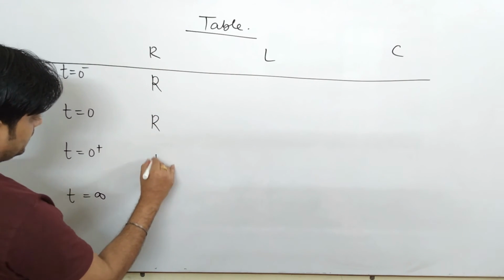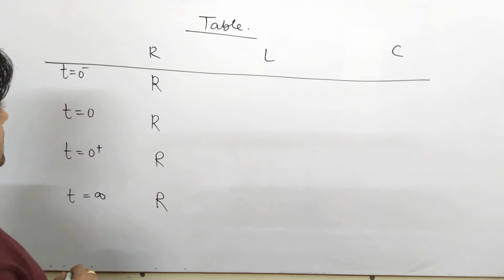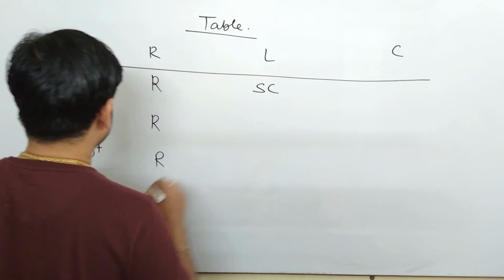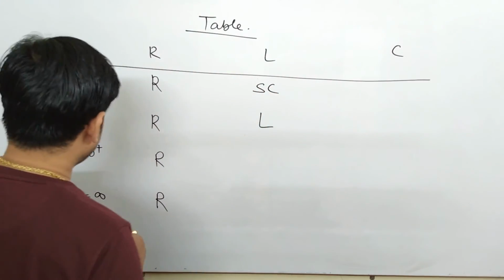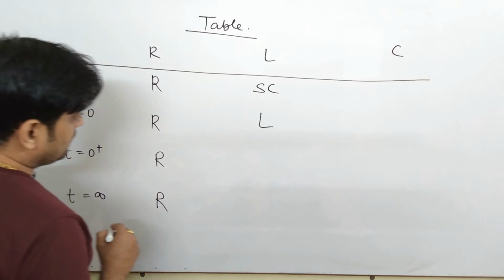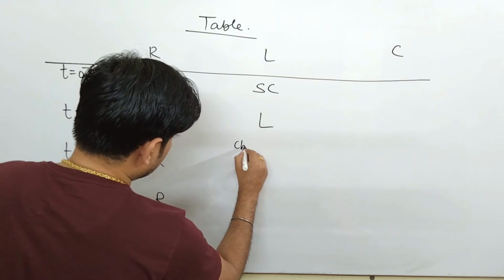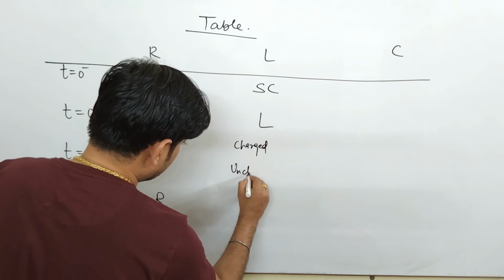For all time instants R will remain as R, but when you talk about L at t equal to 0 negative, L behaves like a short circuit. At t equal to 0 it remains like an L. Okay, at t equal to 0 positive, there are two conditions, charged and uncharged.